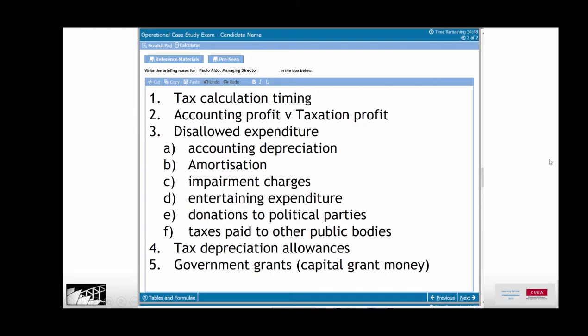So here I've entered these various bits of information: the tax calculation timing, the difference between accounting profit and taxation profit, these disallowed expenditure items, the implication of tax depreciation allowances, the implication of government grants.